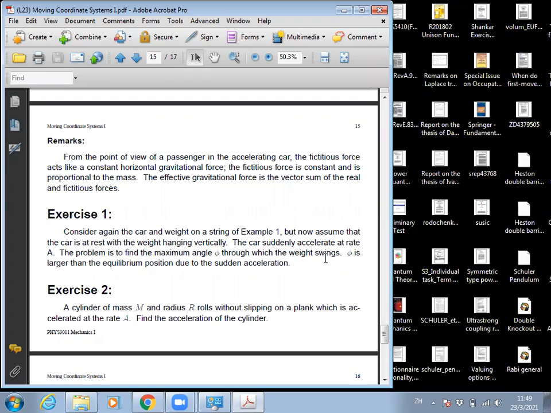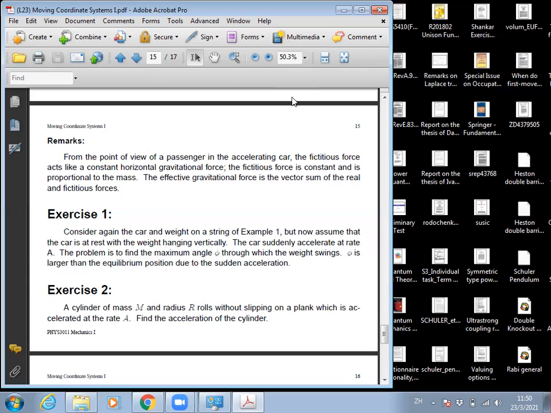That means the angular amplitude of the swinging of the mass. Phi is larger than the equilibrium position, that means larger than theta, obviously. Can you tell, due to the sudden acceleration, what is phi?